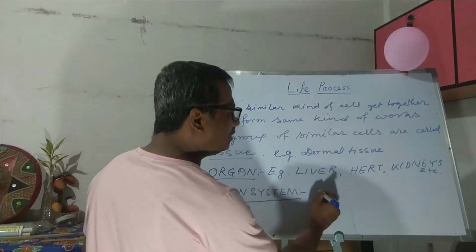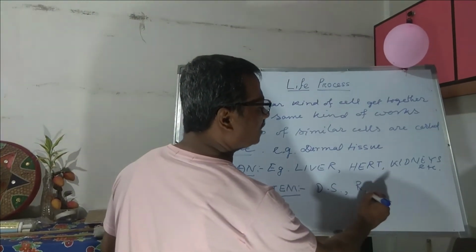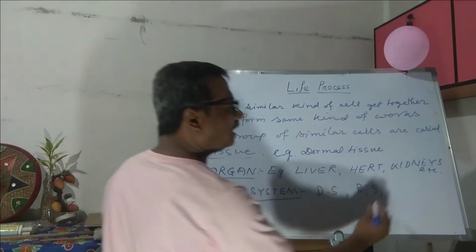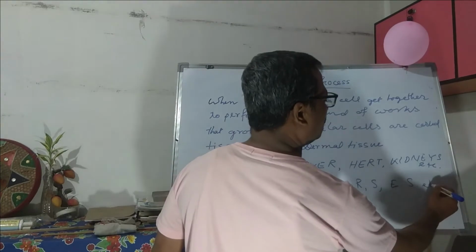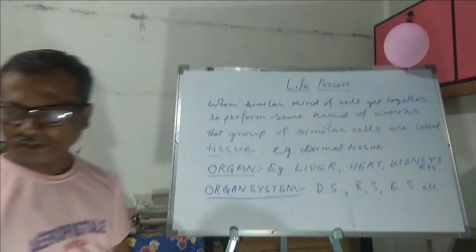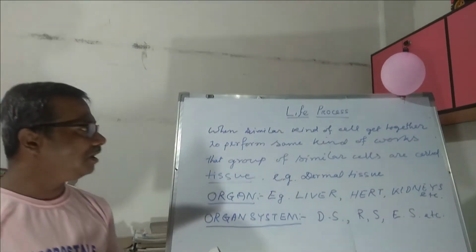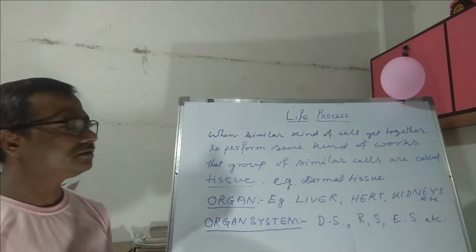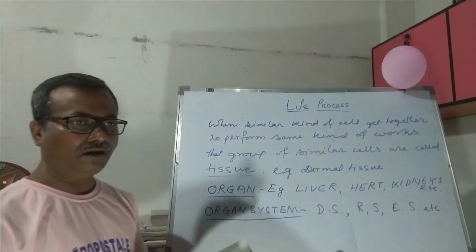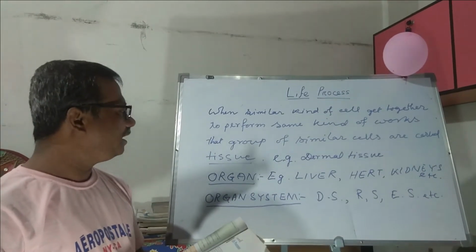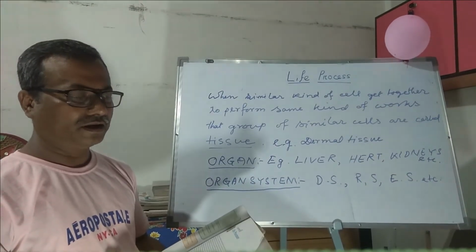For example, the digestive system, the respiratory system, excretory system, and so on. So my dear students, today you have learned about living things, non-living things, cell organelles, and tissue, organ, system.